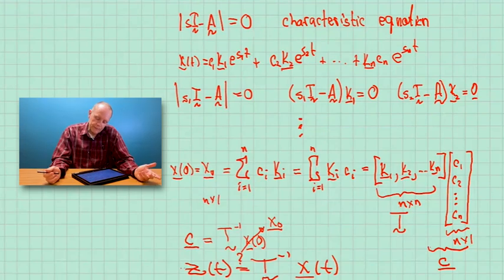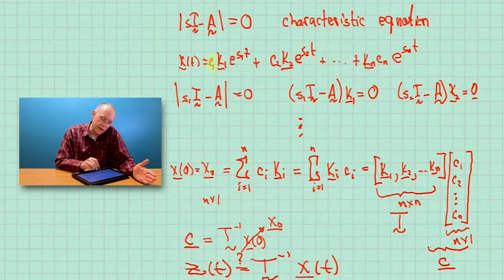So we found a very interesting situation where we could find an uncoupled system. In each of those eigenmodes, the amount that we had in our actual solution was denoted by these c's you see on the second line: c1, k1, e to the s1t. The c1 tells you how much of that eigenmode you have, the c2 tells you how much of the second eigenmode you have, and so on, down to the last one.